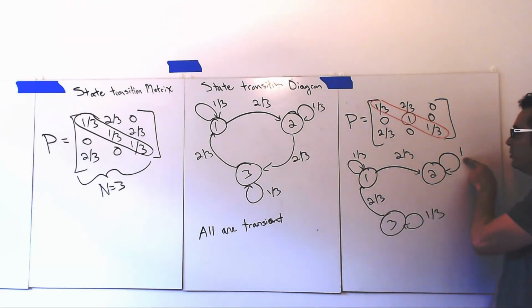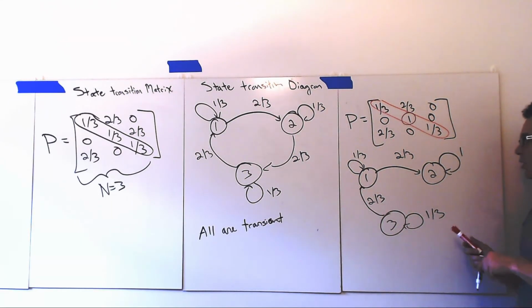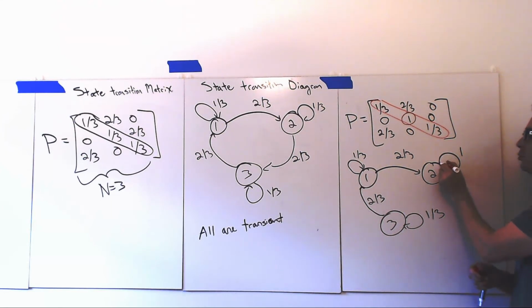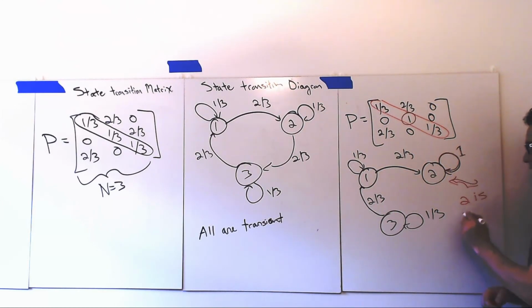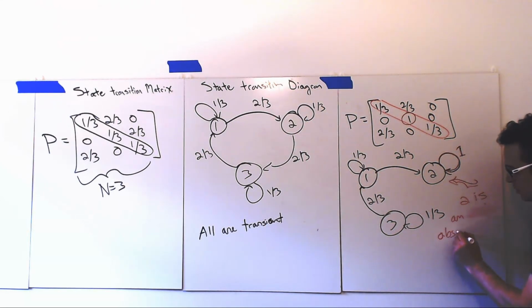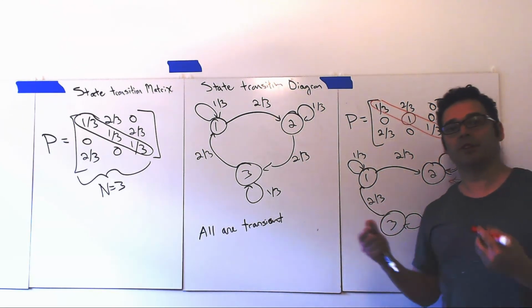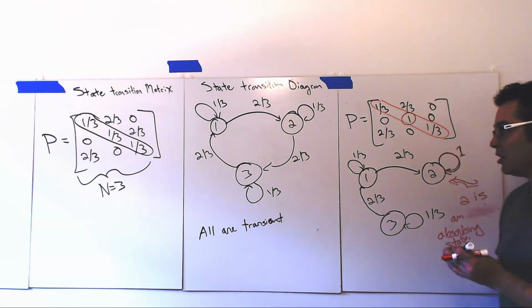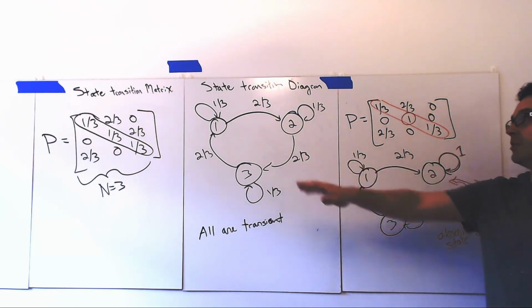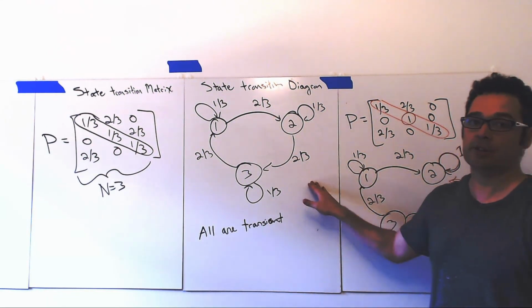So from this drawing, we see the case where 2 has a self loop with probability 1, and so that tells us 2 is an absorbing state. All right, so hopefully with this video, you now feel comfortable going from a state transition matrix to a state transition diagram.